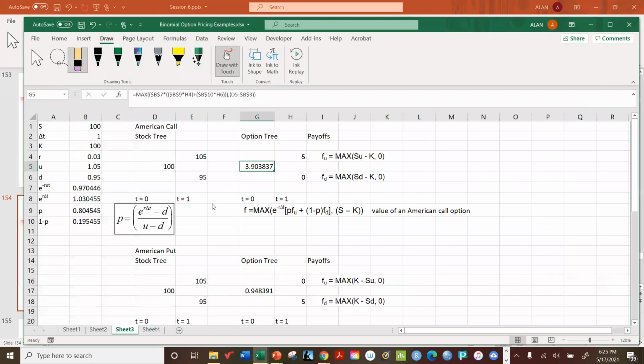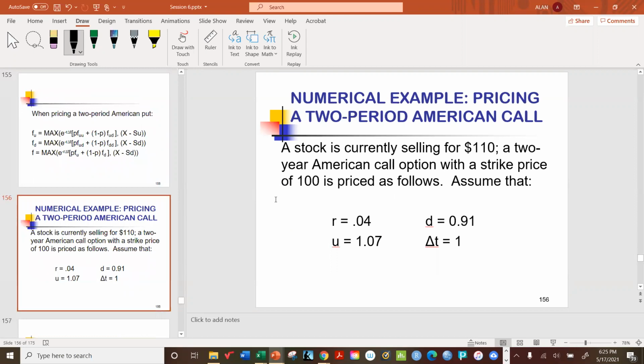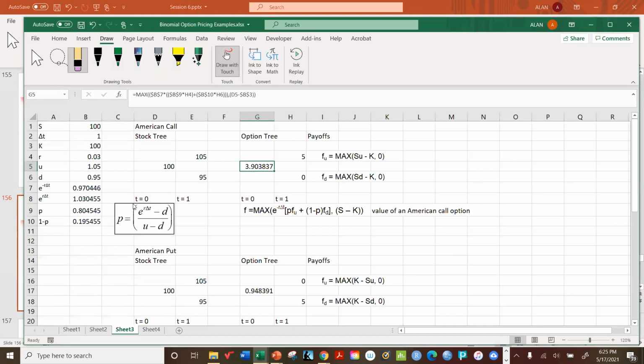All right, so here's what's happening. Here's an American call, and here's an American put. What I'm going to do differently is this.